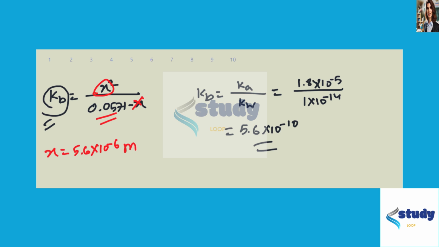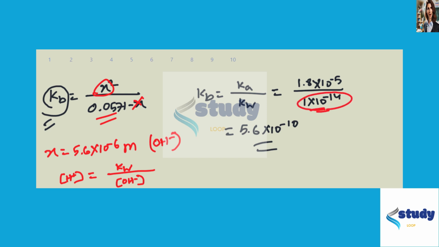So this is our OH minus concentration. So to find the pH, we have to know the H plus ion concentration, and as we know again, the relation between H plus and OH minus is simply Kw over this OH minus concentration, and again Kw value is basically this value.